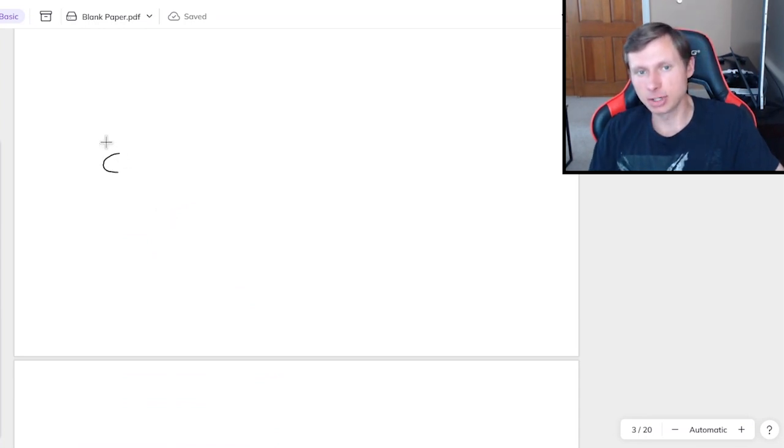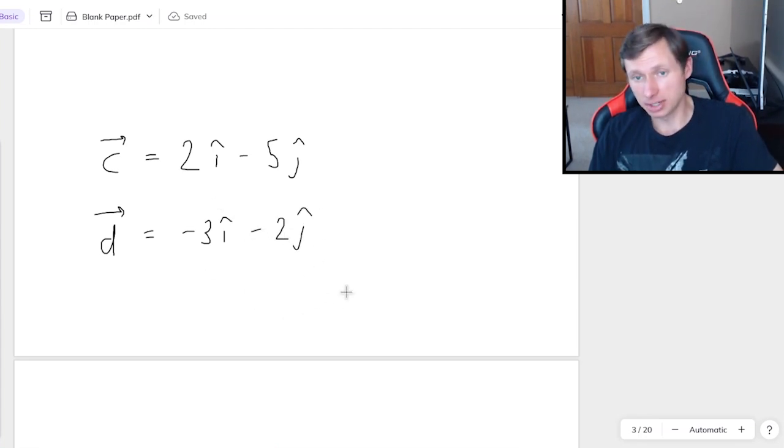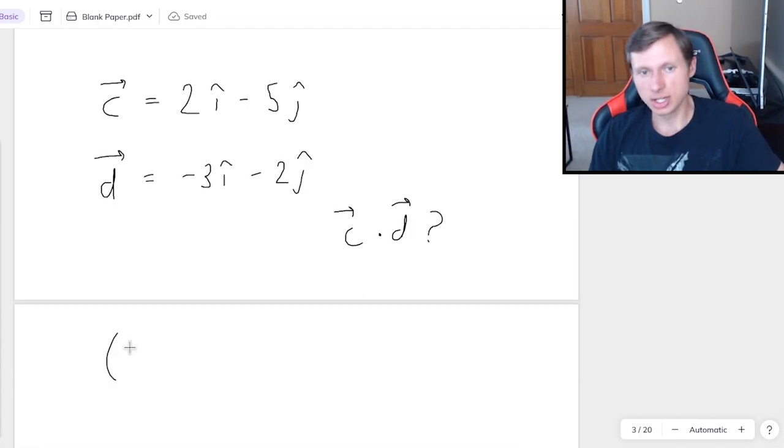Let's say I have vector c, which is 2 i hat minus 5 j hat, and then vector d is equal to negative 3 i hat minus 2 j hat. How do we do the dot product of c dot d? I'll tell you. First, I'll set up this little expression that looks like I'm foiling, because I technically am foiling, but doesn't look like it.